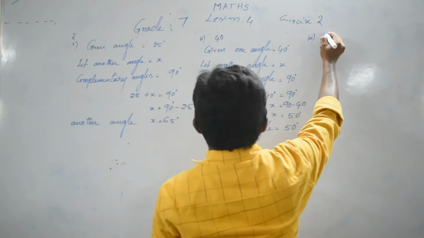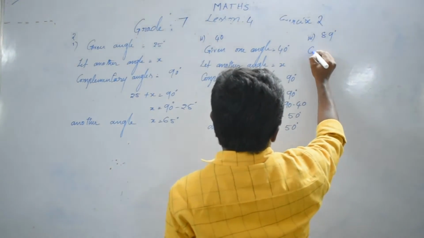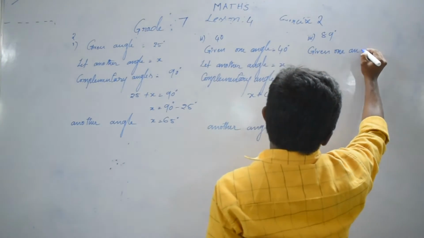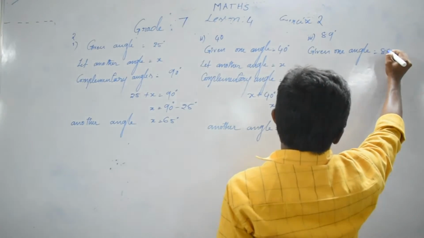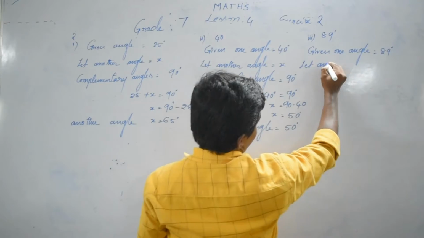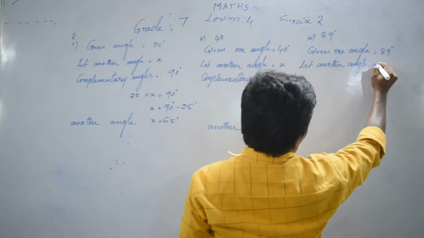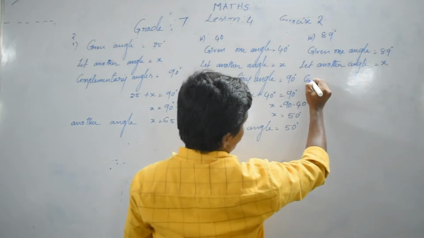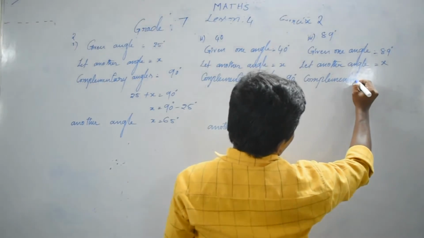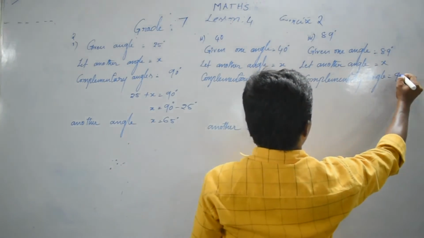89 degrees. So given one angle, 89 degrees. Let the other angle be x. So complementary angles, 90 degrees.